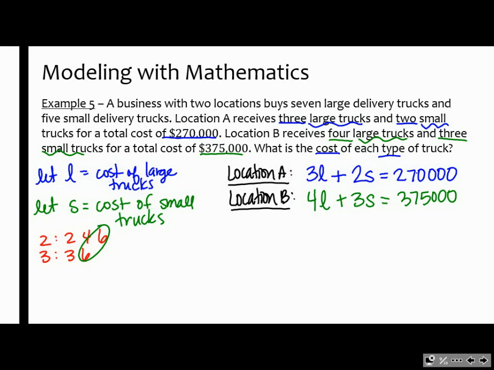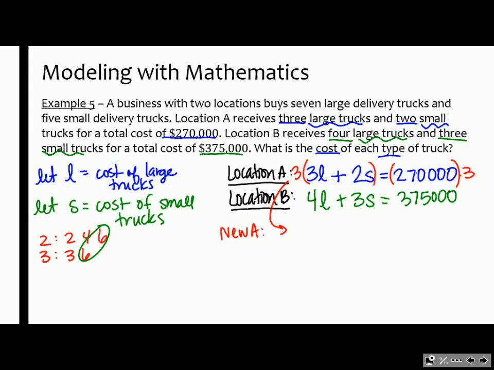So one of them I would like to multiply through to make a coefficient of -6. So on location A, I'm going to multiply both sides by +3 and then give my new location A equation.